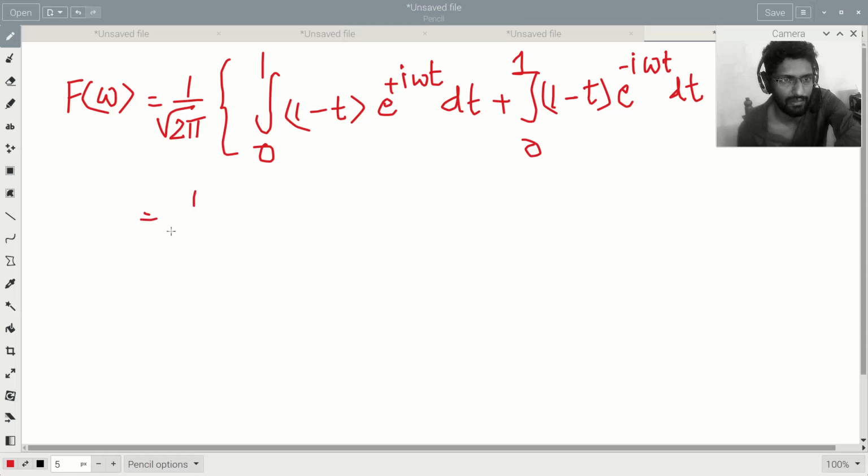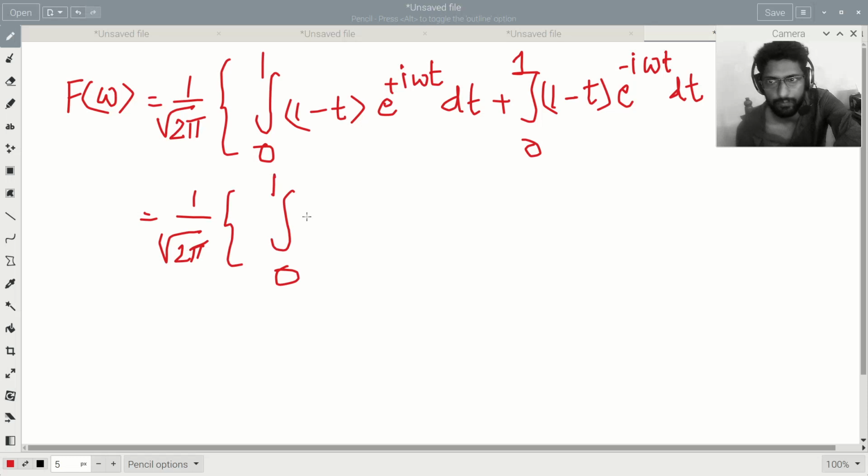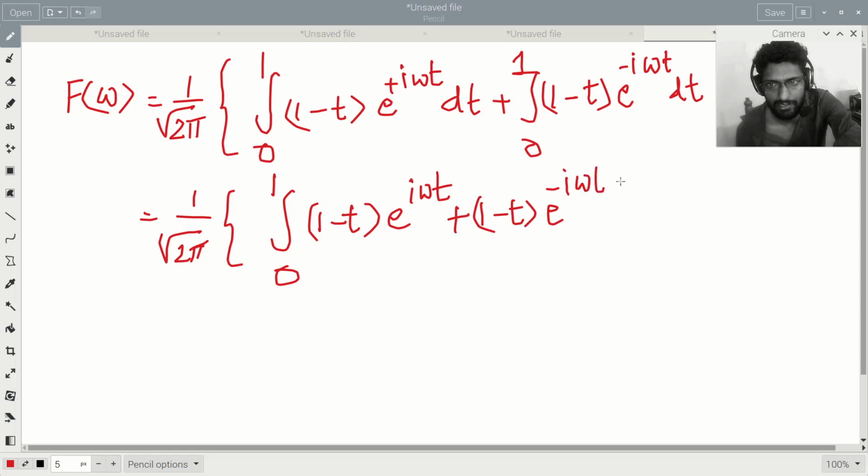So this is equal to 1 by root 2 pi. Since the limits are equal, we can combine the integrals. Okay, that's what we are going to do. 0 to 1, and you can write 1 minus t, e raised to i omega t plus 1 minus t, e raised to minus i omega t, and we have a dt.